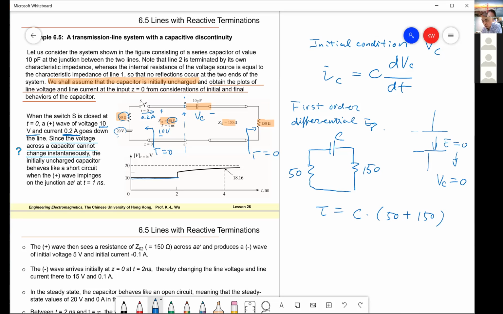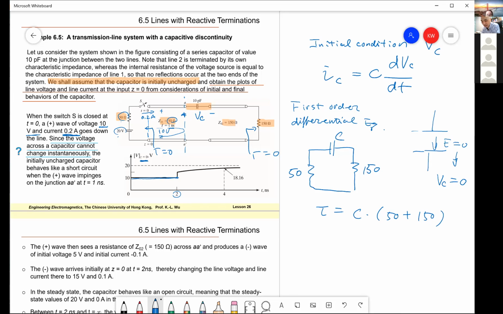The voltage goes and comes back. One way is 1 nanosecond, so two ways is 2 nanoseconds. Before the 2 nanoseconds, this is the voltage we see. We said the voltage across the capacitance is continuous, but that doesn't mean the voltage at the source at z equals 0 is continuous.